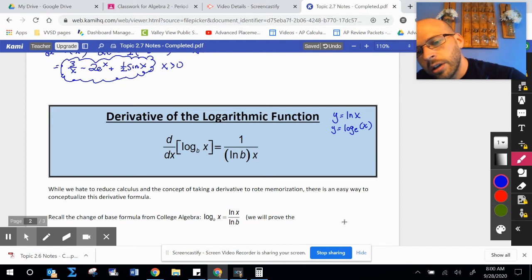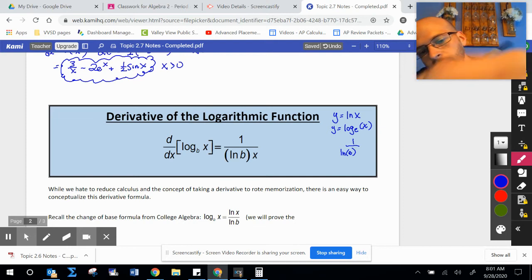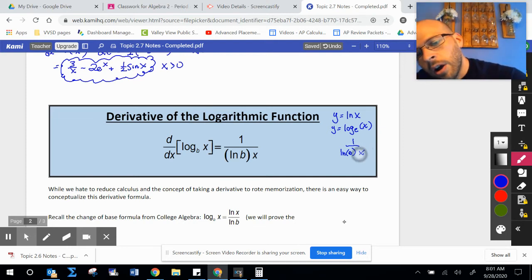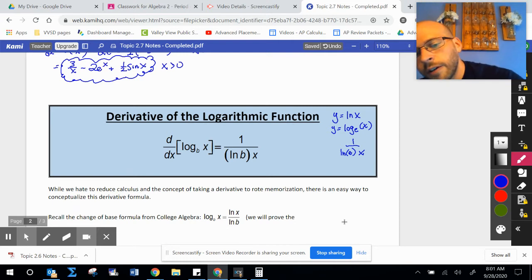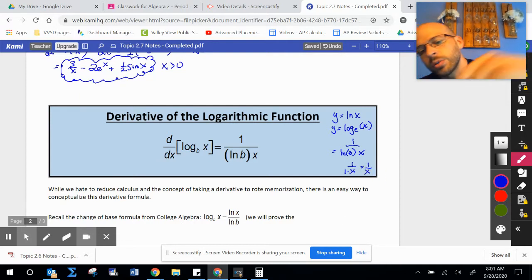Now watch what I do here. Off to the side, I'm going to say 1 over the natural log of the base times the argument of what's inside your log. Now, I don't know if you guys are familiar, but the natural log of e is just 1, and I get 1 over x, which is what we had above.